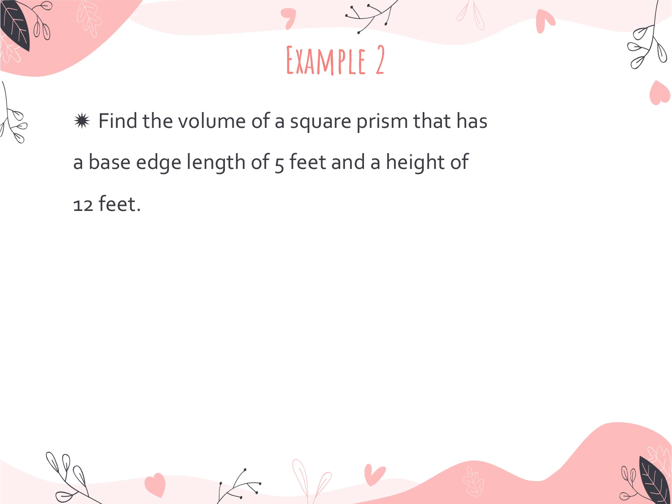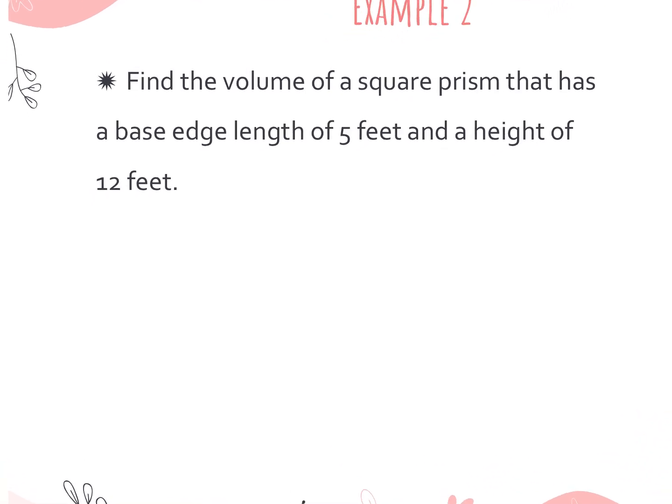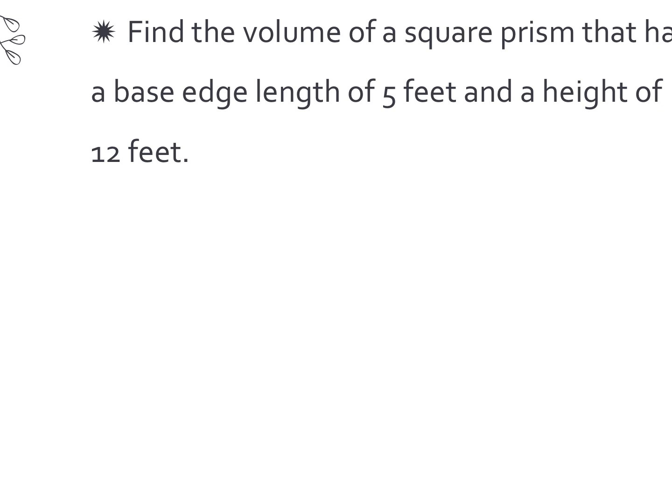All right, looking at this example, it says, find the volume of a square prism that has base edge length of 5 feet and a height of 12. So as best as you can, go ahead and draw a square prism.